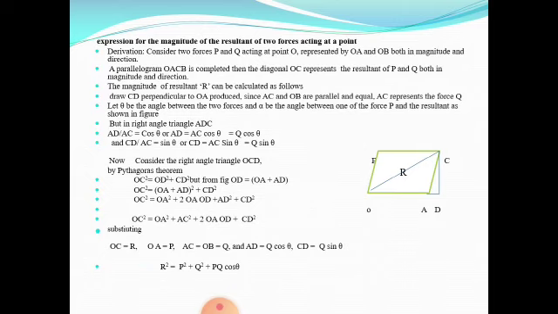Here cos square theta plus sin square theta is 1. Therefore, R square is equal to P square plus Q square plus 2PQ cos theta. This equation gives the magnitude of the resultant, or we can write R is equal to square root of P square plus Q square plus 2PQ cos theta.